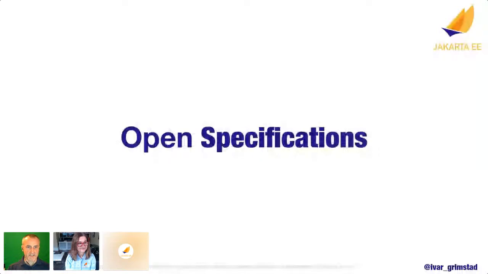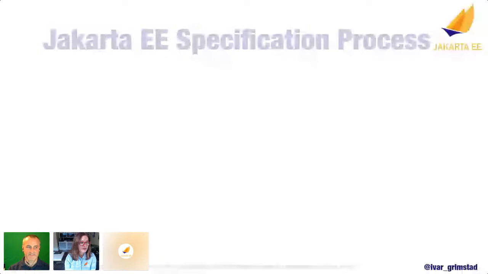So Jakarta EE is about specifications, but we also add an open in front of it. So why don't you explain what we mean by that, Tanja? Okay, so as Ivar was pointing out, Java EE is all about specifications and code and the JCP process.